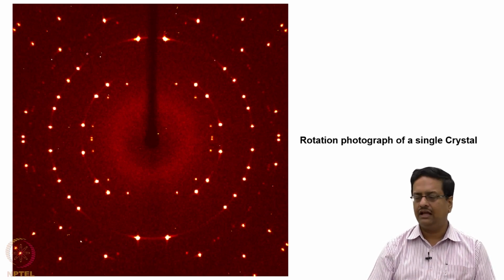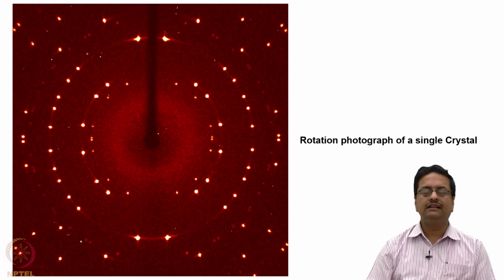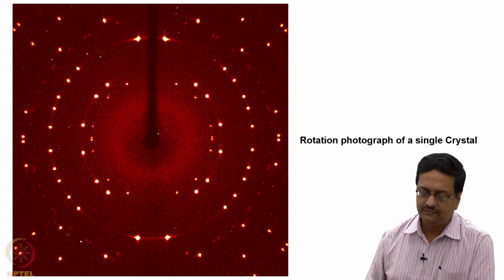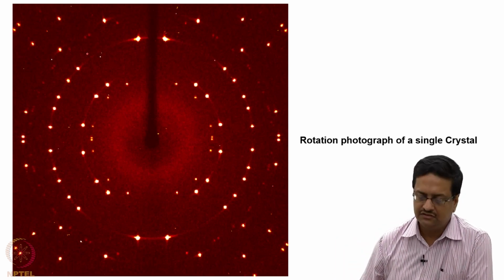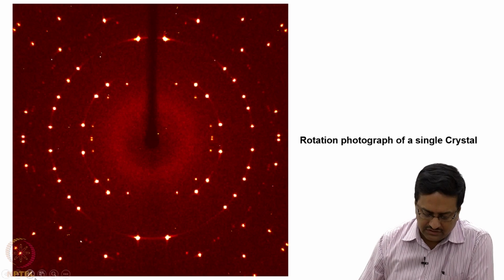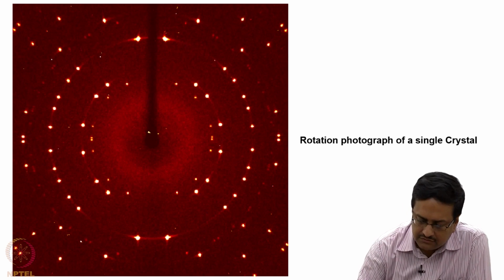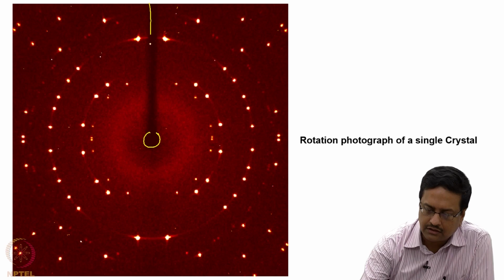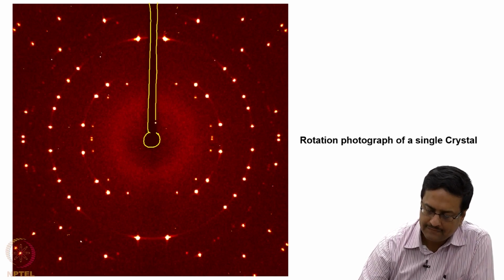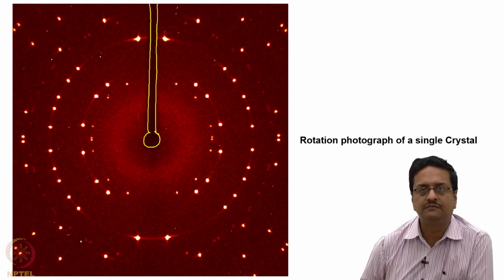So here what we have is an excellent rotation photograph from a single crystal. You see here, this is a two-dimensional image where the bright spots are diffraction spots and there is a dark region in the middle, which is the shadow of the beam stop.